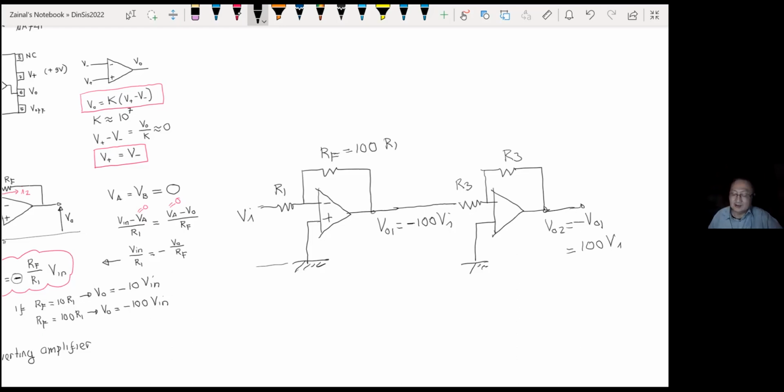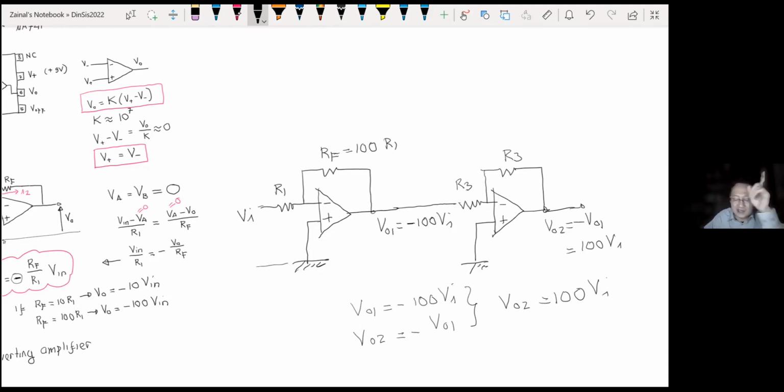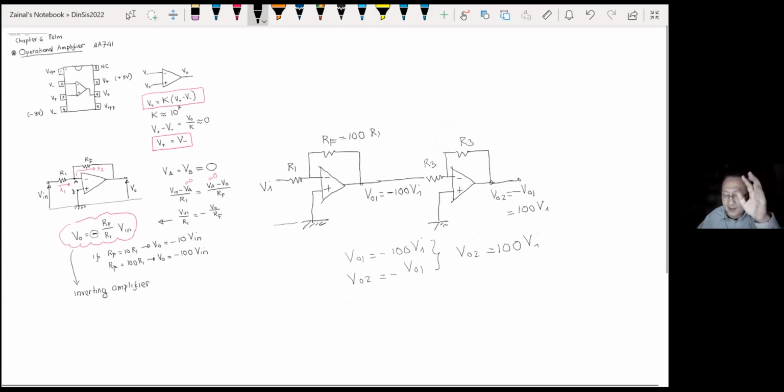This one minus, this one plus also. So look, VO1 is minus 100 times VI, while VO2 is minus VO1. So if you combine, VO2 is just 100 times VI. Any question?